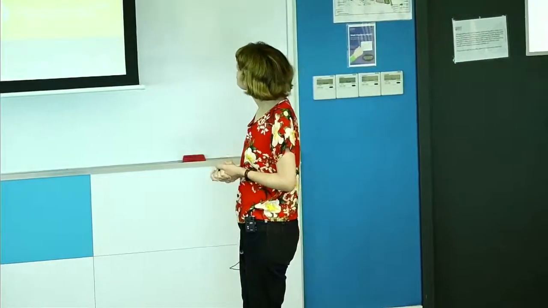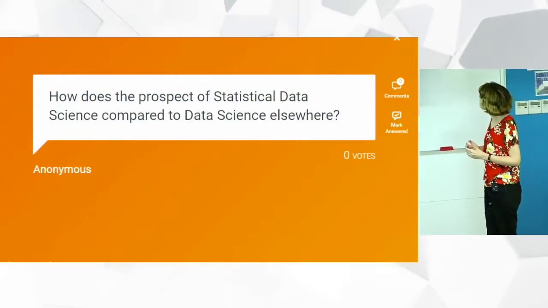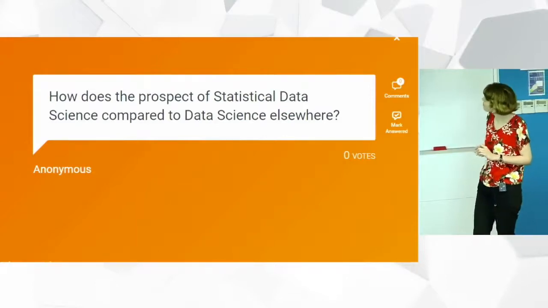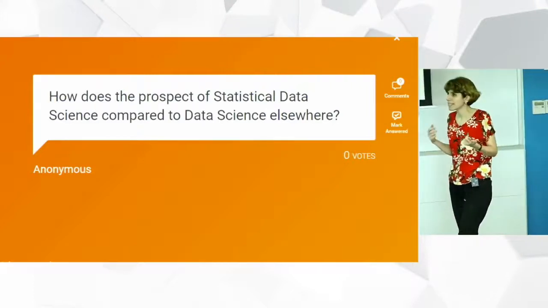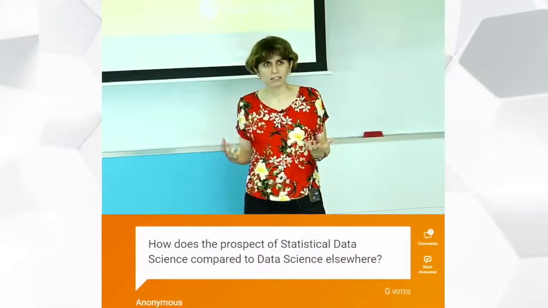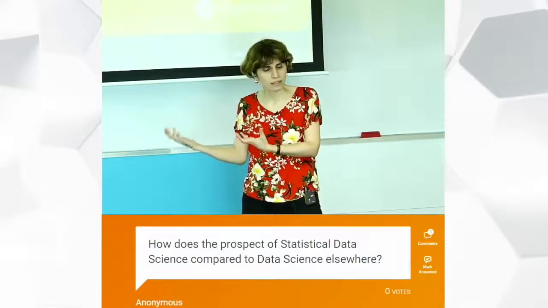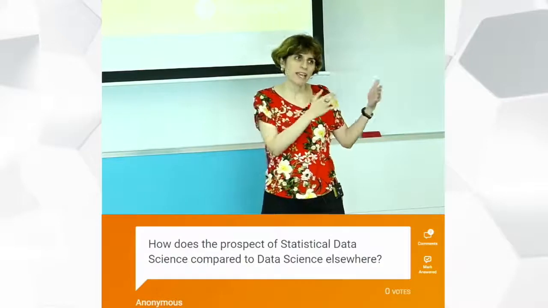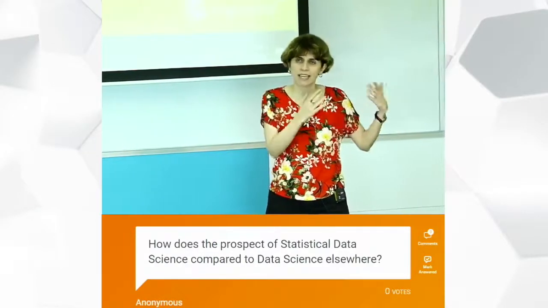How does the prospect of statistical data science compare to data science elsewhere? Okay, so statistical data science and data science, right. Data science, as I mentioned, is more about computer programming, so it has more courses in computer science, but we have courses in statistical modeling and mathematics.